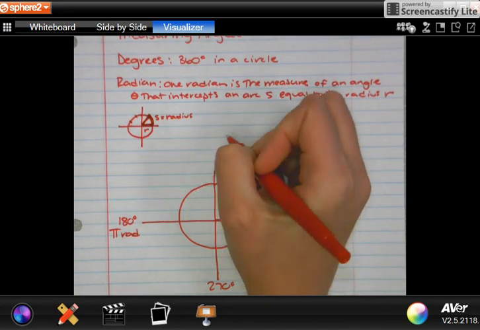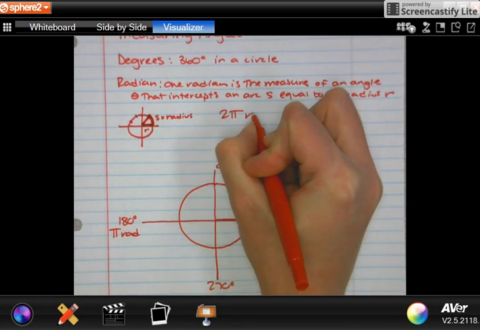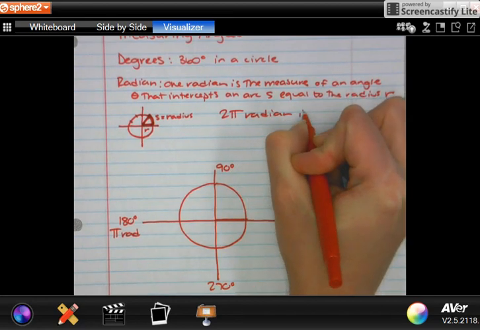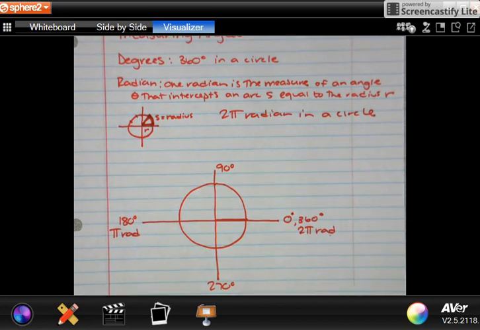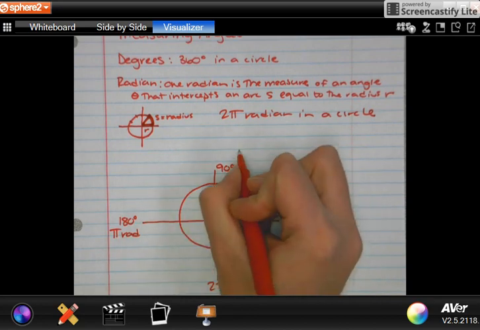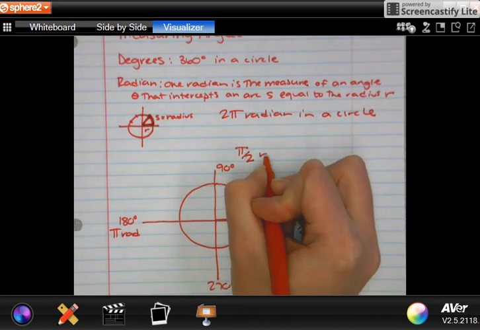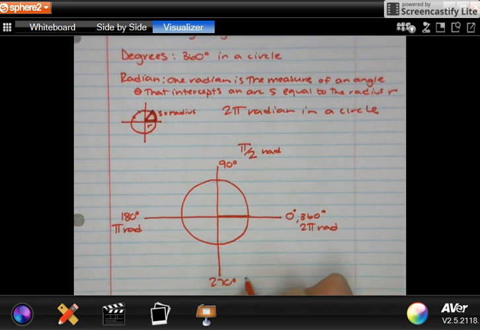So 360 degrees in a circle, there are 2 pi radian in a circle. Pi radian, half of that would be pi over 2 radian. And down here would be 3 pi over 2 radian.